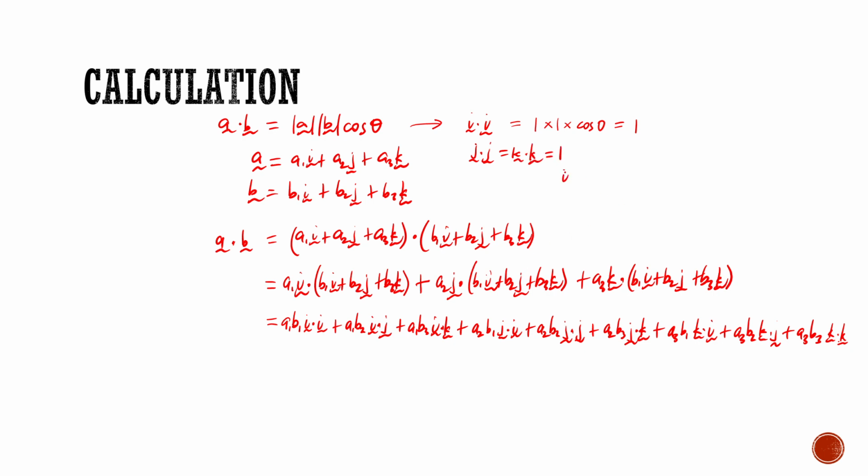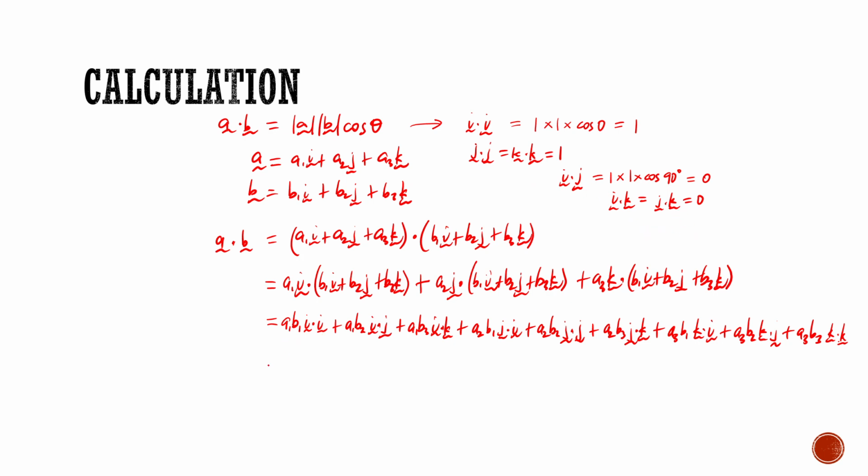How about something like i dot j? i dot j would be 1 times cos 90, since i and j are perpendicular. Cos of 90 is 0, so this would be 0. So similarly, i dot k and j dot k would be 0, and the dot product is commutative, so the same works for j dot i and k dot i and k dot j.